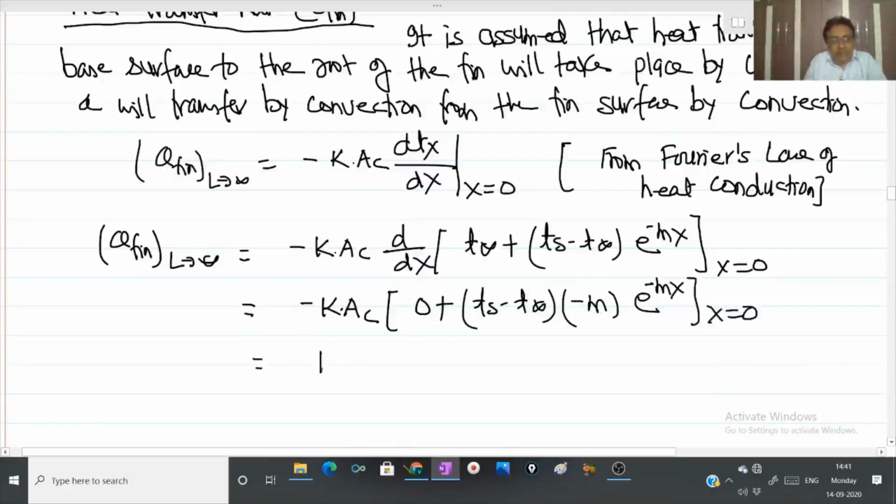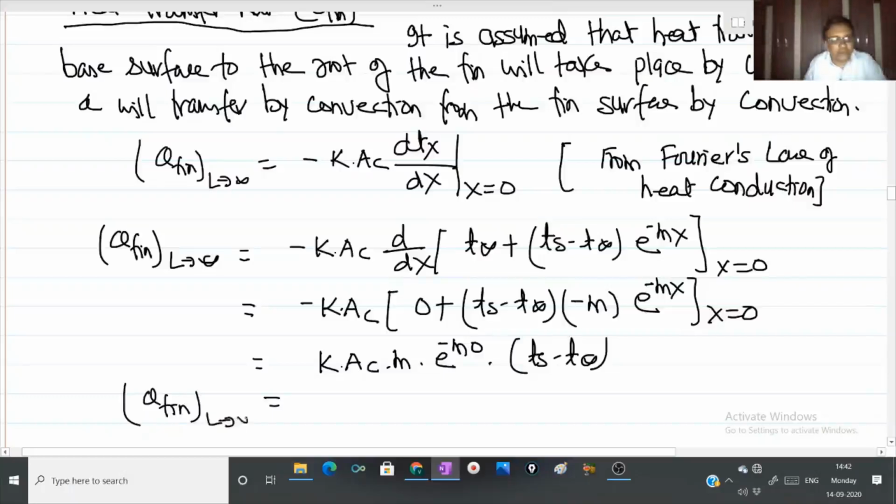It will become k into AC into m, and let us put the value of x equal to 0, minus m into 0, into Ts minus T infinity. So simplification will give me Q fin, that is rate of heat transfer from the fin, equal to K AC m Ts minus T infinity.